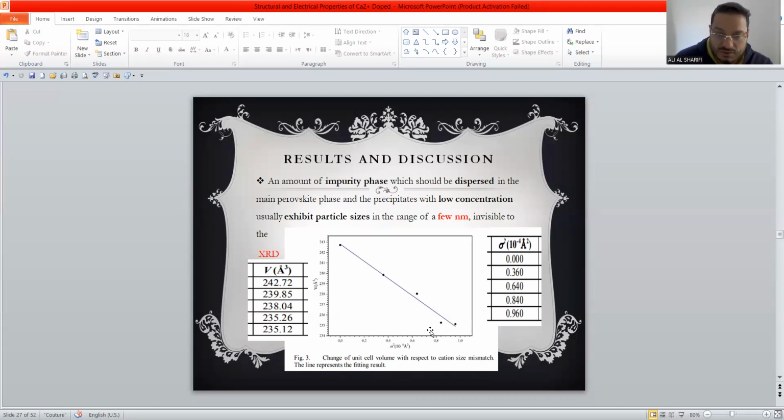At the last one, at 0.96, the volume is approximately 235.12, but at 0.84 mismatch it equals 235.26, a little bit different between all of these.